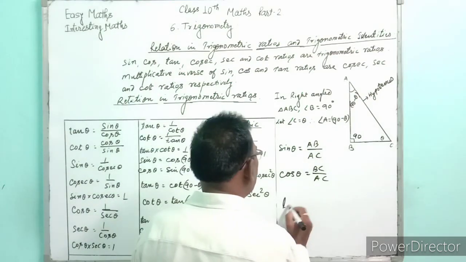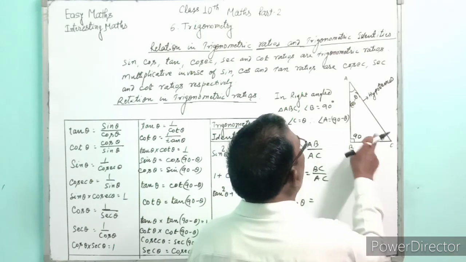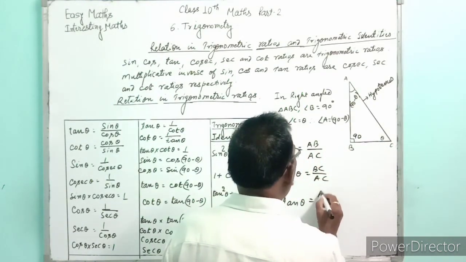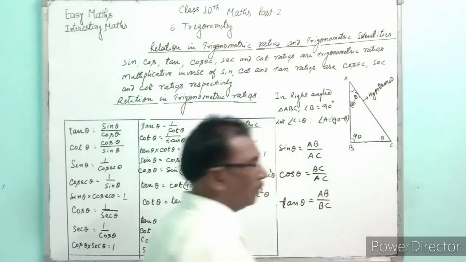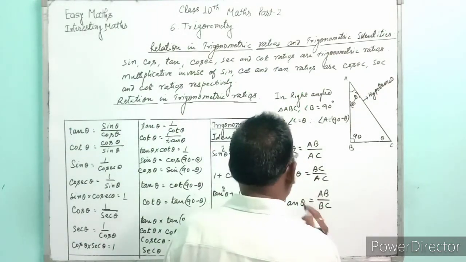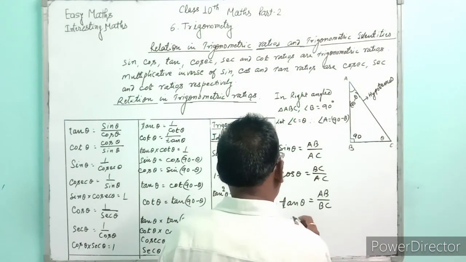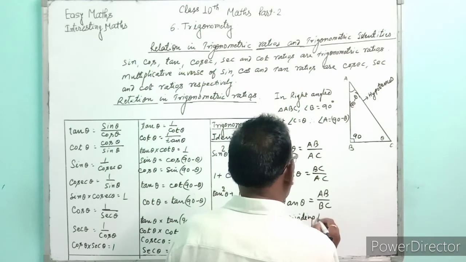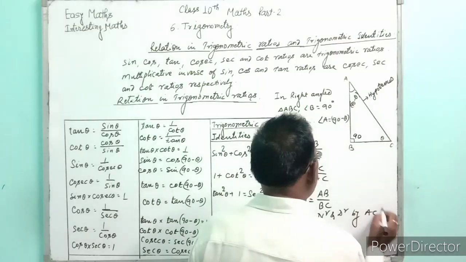Tan theta, from this figure, is the side opposite to angle theta divided by the adjacent side of angle theta, therefore AB by BC. Now, we will divide numerator and denominator by AC.